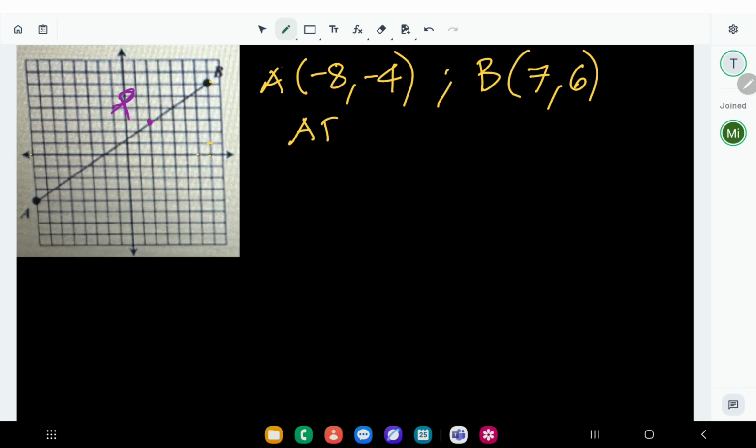So from A to P, and then P to B, the ratio is 4:5. Right? Am I right? Oh no, not 4:5, 4:1.